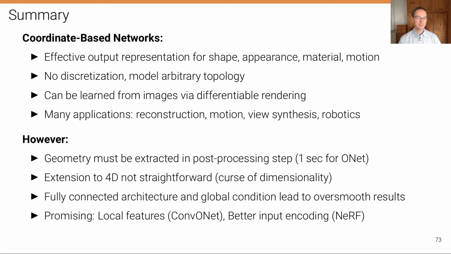But there are promising directions such as using local features like in ConvONet or PIFu, which is also related work, as well as better input encodings as proposed in NeRF. And also there's a lot of work on new architectures. For example, there's a work called SIREN that uses an architecture different from a ReLU MLP to achieve better results.